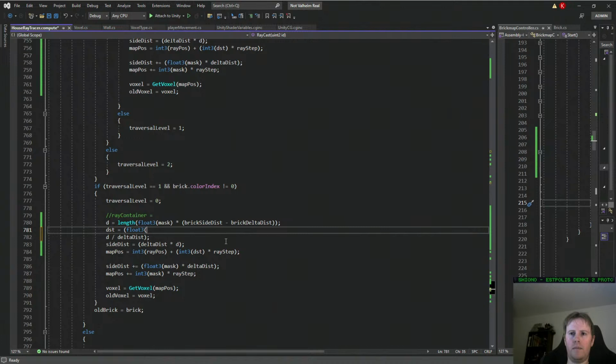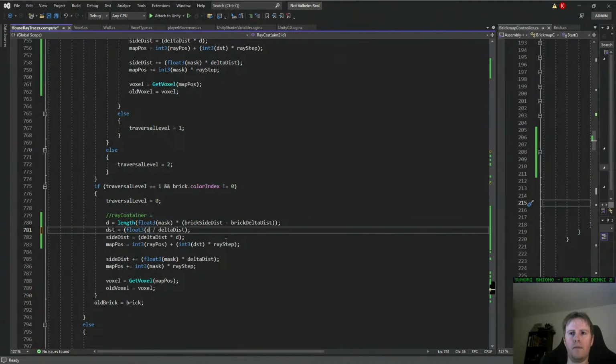Float 3. Float 3D there. Because then we have, so it has to be floored.